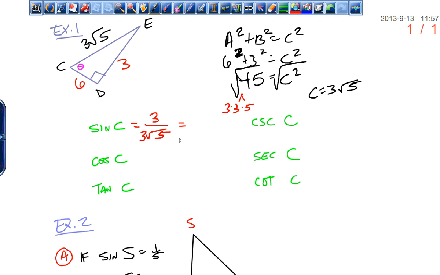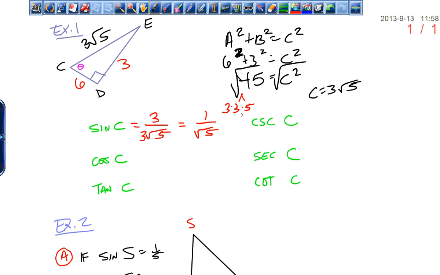One more step. How did I get that? Yeah, the 3s cancel out, so you have 1 over root 5.